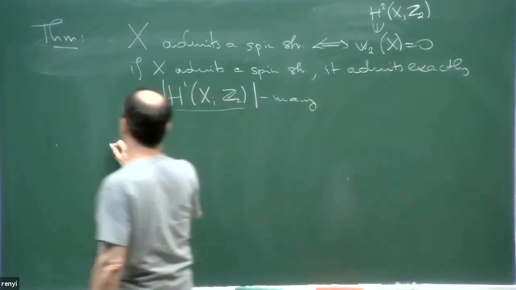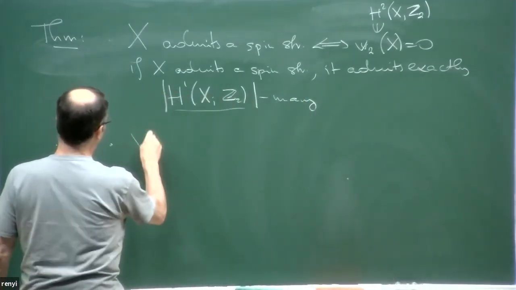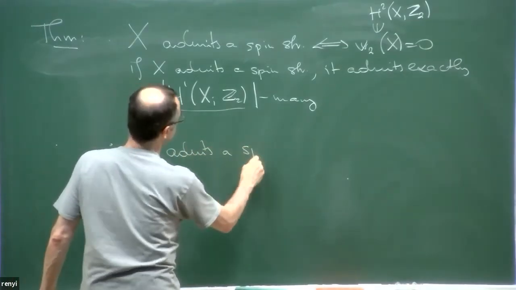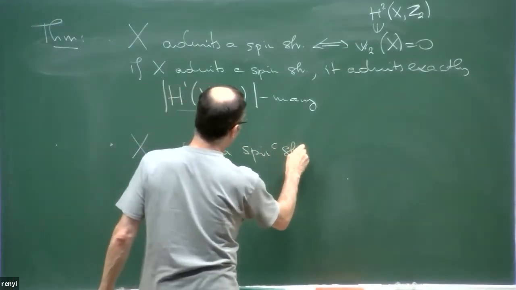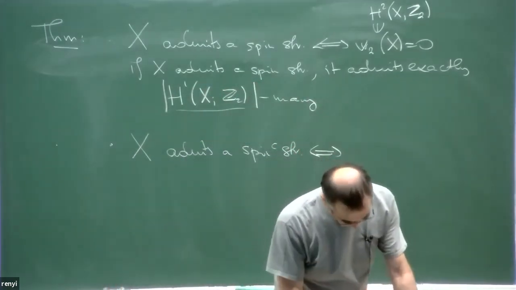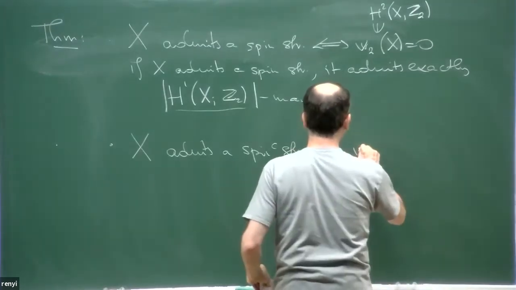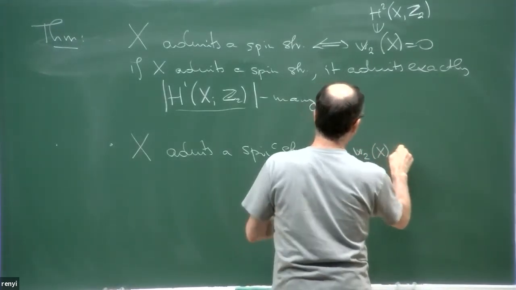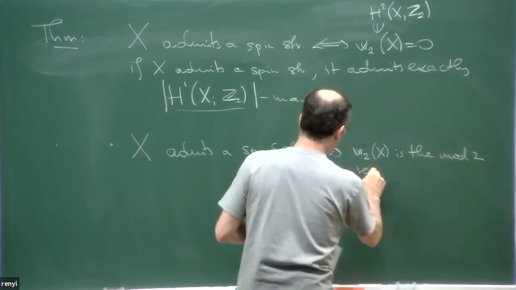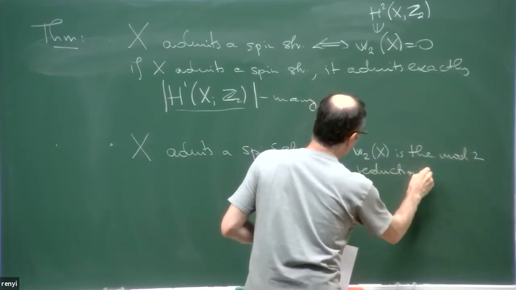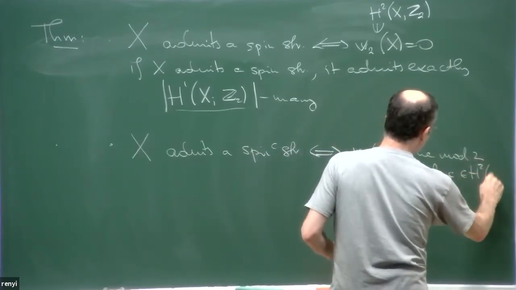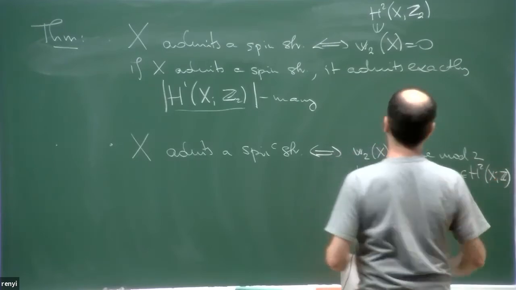And there is a very similar characterization of spin C. X admits a spin C structure if and only if W2 of X is the mod 2 reduction of an element in the second cohomology with integer coefficients.